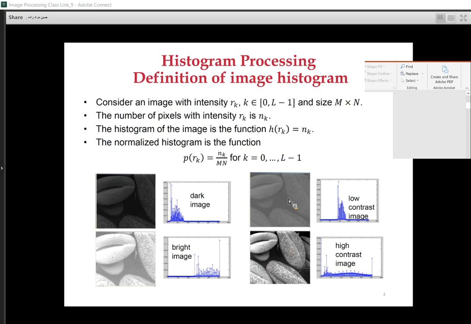But another one is between low contrast and high contrast. This image is a low contrast image, and this image is a high contrast image.